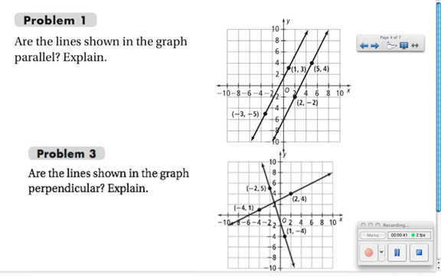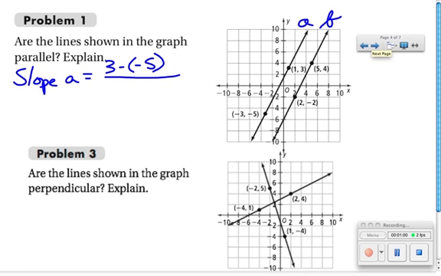In the interest of clarity, I'm going to call this line A and this line B. So the slope of A would be found by doing 3 minus negative 5 over 1 minus negative 3, giving me 8 over 4. So the slope of line A is 2.